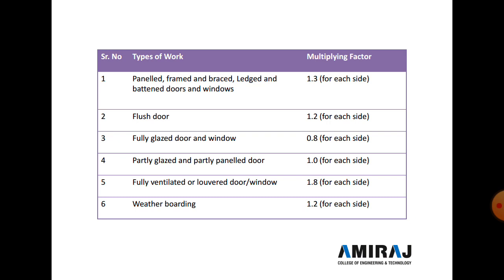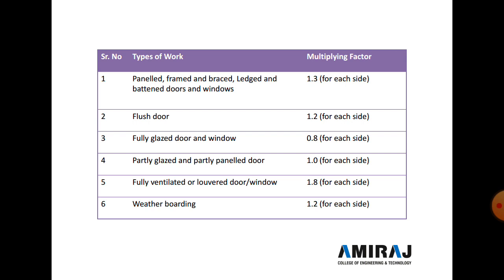Partially glazed and partially panelled door has a factor of 1.0 for each side. Fully venetian door and window has a factor of 1.8 for one side. And weatherboarding, we take a factor of 1.2 for each side.